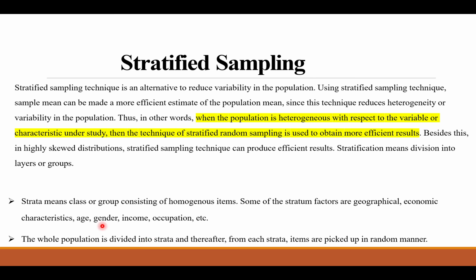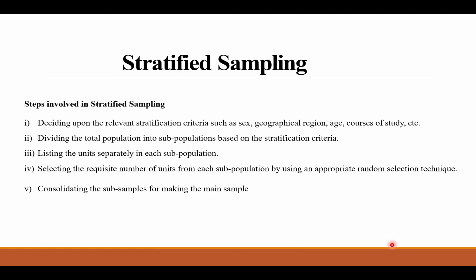We are dividing it into different strata. Strata means the class or group consisting of homogeneous atoms. It may be on the basis of geographical or economic characteristics, age, gender, income, occupation, etc.